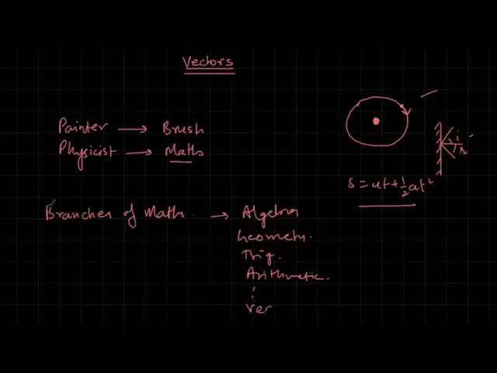So now we are going to introduce two new sections of mathematics, vectors and calculus. We'll begin with vectors in this chapter. Later on, we will study a bit about calculus. You will study calculus in detail in your later classes. For now, let's study vectors.